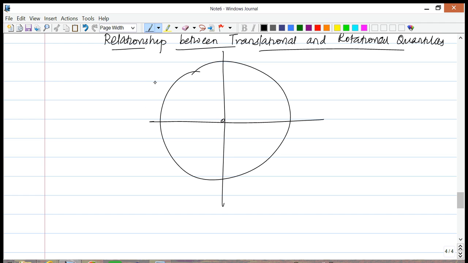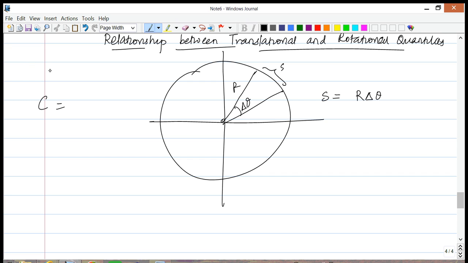The first thing we ask is, if an object has an angular displacement of delta theta for some radius r, what is the arc length? What is the distance that it travels? This comes from the basic definition of the arc length itself, where the arc length is nothing but r times the angle theta. Now, if you do not remember this for some reason, think of the circumference of a circle.